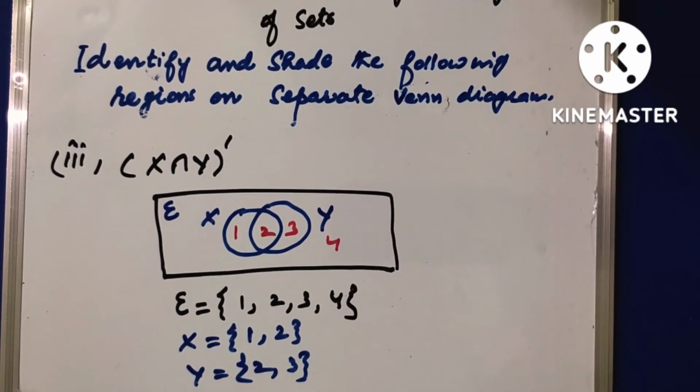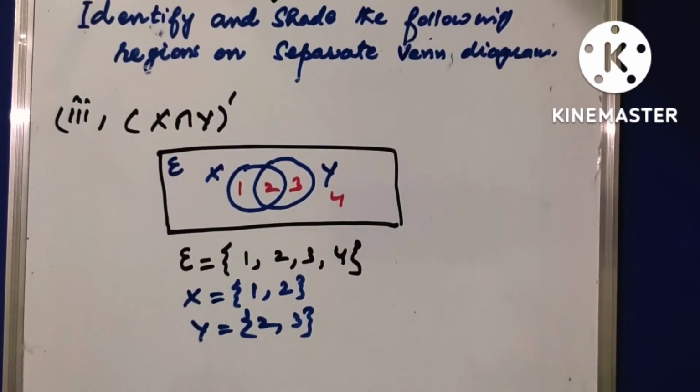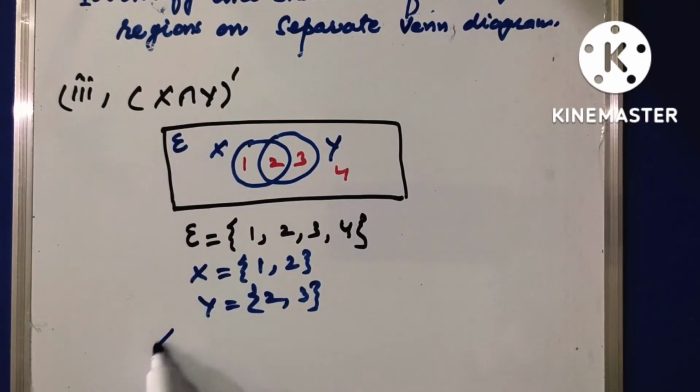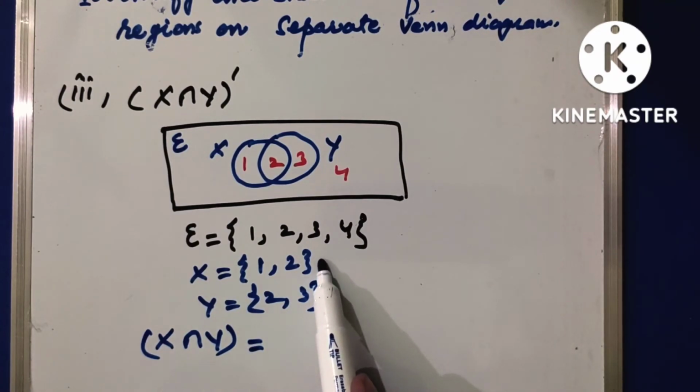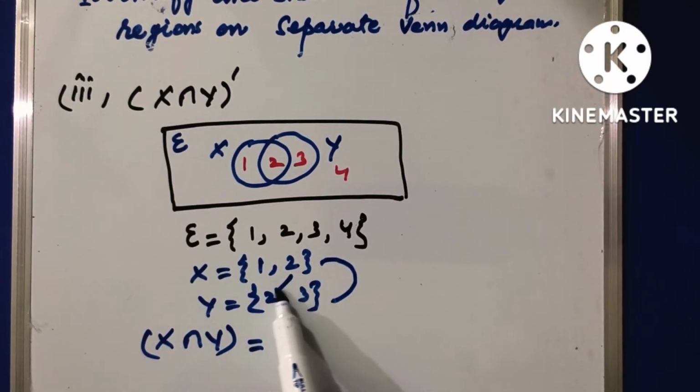So first of all we have to find out X intersection Y, the common elements of X and Y. There is only one element that is common, that is 2.